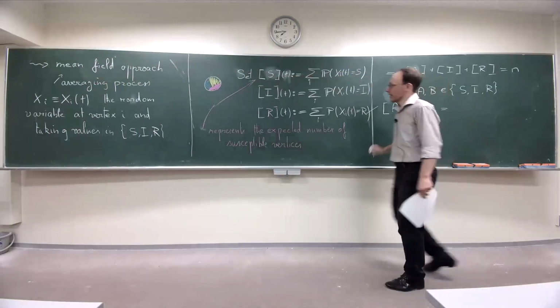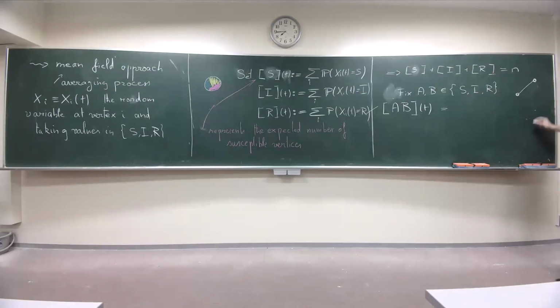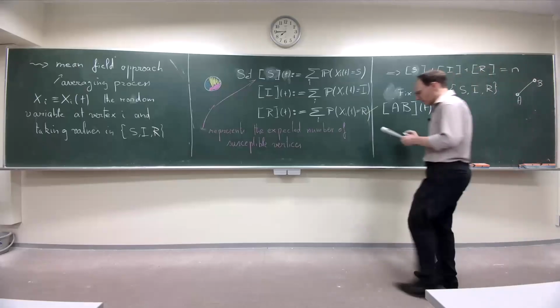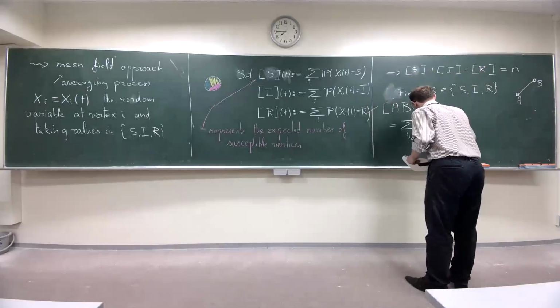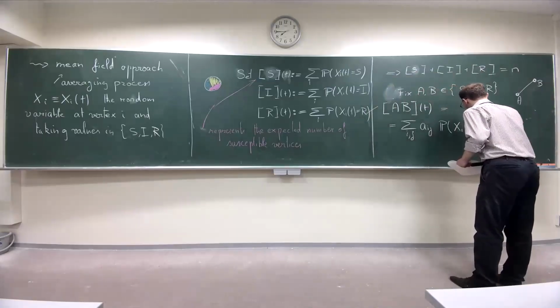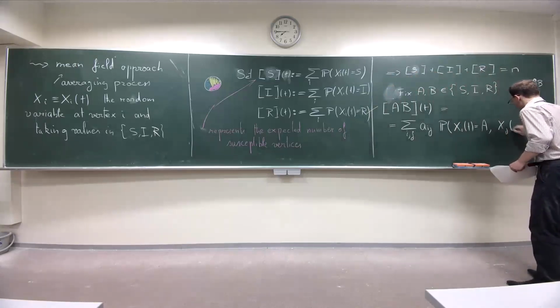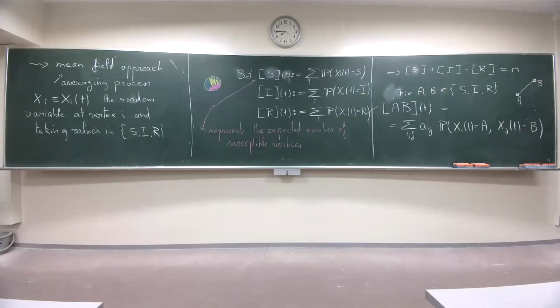But now I have to take the graph into account. It's going to be the expectation of having connected one A and one B. So let me write the formula. It is the sum on i and j of A_ij times the probability that x_i of t is A, x_j of t is B. Think about it. It's a probability that we have 2 vertices connected.